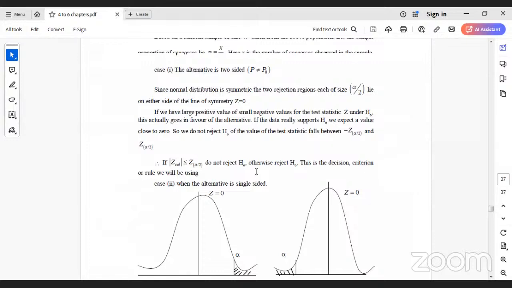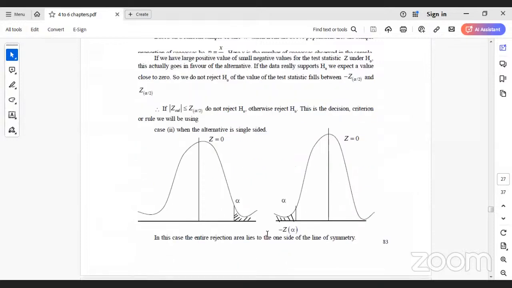So we do not reject H0 if the value of the statistic falls between minus Z alpha by 2 and Z alpha by 2. If Z calculated is less than or equal to Z alpha by 2, we do not reject H0. Otherwise, if greater, we reject H0. So this is the decision criterion we will be using here.